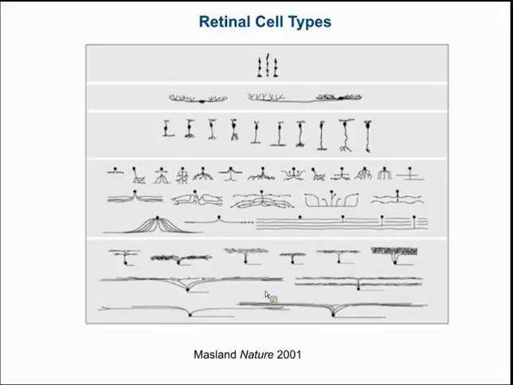But is it true that every cell unambiguously falls into there, or is there a continuum? Can one cell change from one type into another type? Do these cells tile cortex? So we know the retinal neurons tile. In other words, every point in visual space is mapped by at least one of these 70 different cell types. Is that also true in cortex?